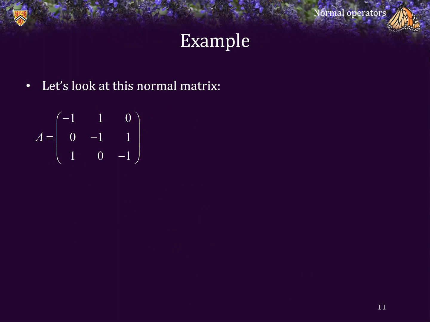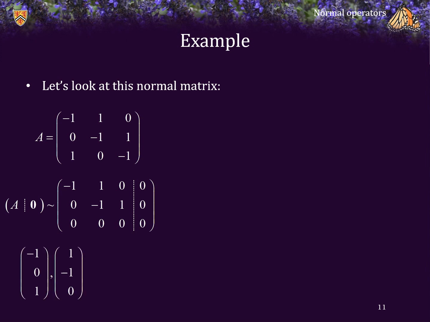Now let's take a look at this matrix, which we saw before was normal. Again, if we apply Gaussian elimination, we get this solution for the homogeneous system of linear equations. From this we deduce that a basis for the range are the first two column vectors.